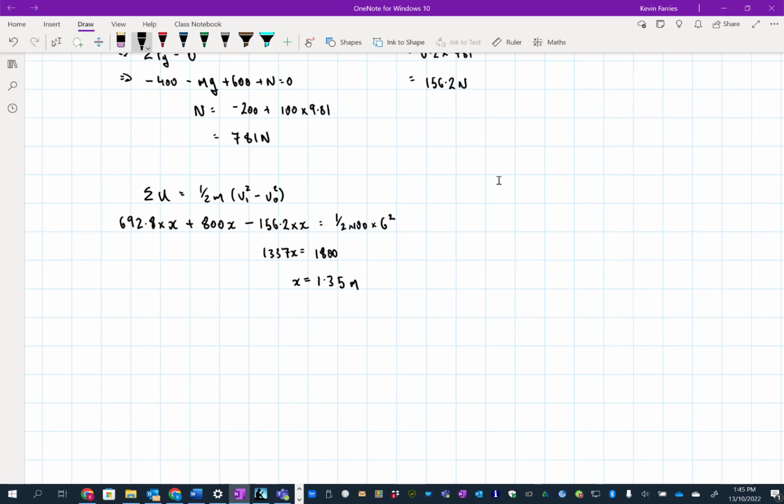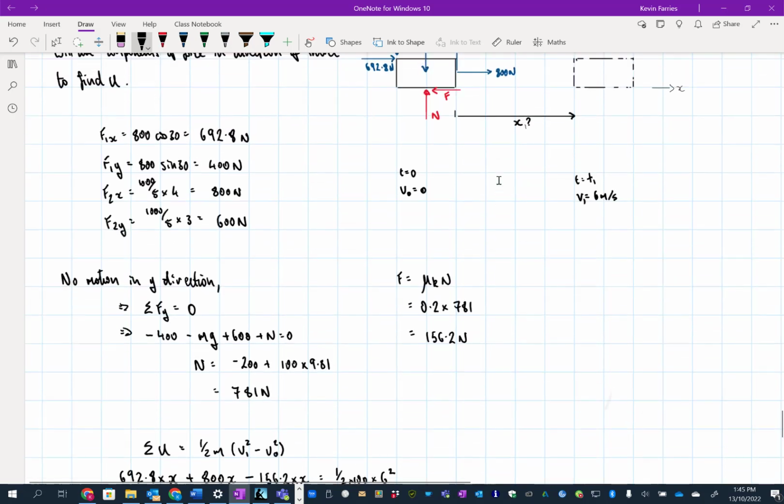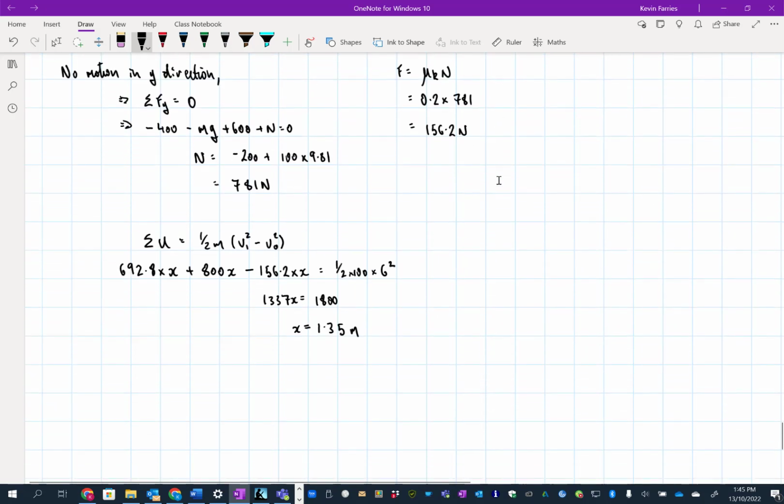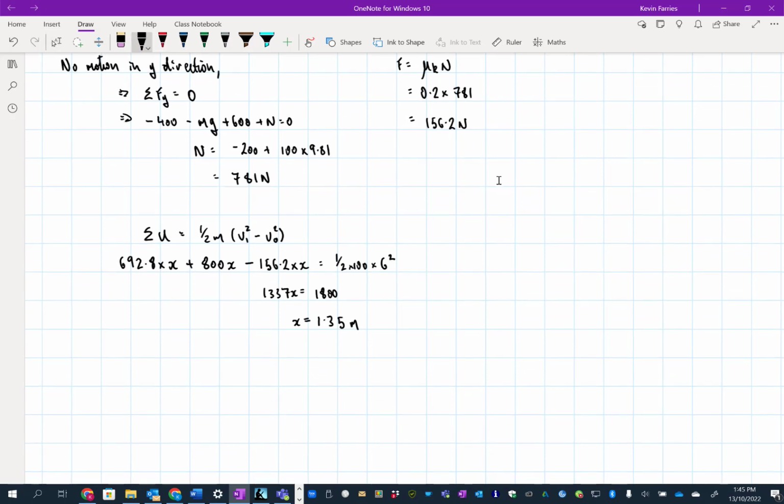I think that's answered the question. So I'll just pause for a second. I'm going to check that using the equations of motion. I'll give it a quick check, and then I'll come back. If I get it right, fine; if not, I'll show you what my corrections were. Let's just write down the answer first. The crate will travel 1.35 meters to reach 6 meters per second.